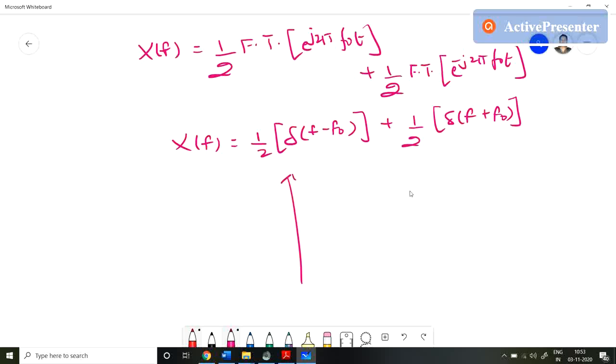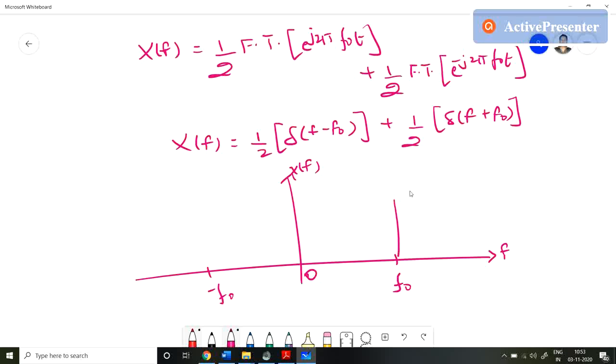We can draw this: here we have f, then f naught, and here minus f naught. One delta function is present at f naught and another at minus f naught. So this is the Fourier transform of cos omega naught t.